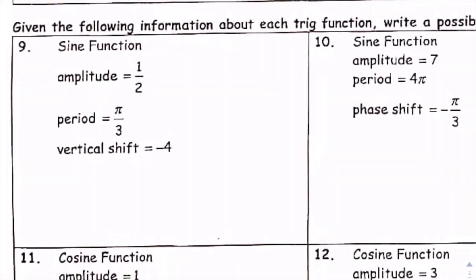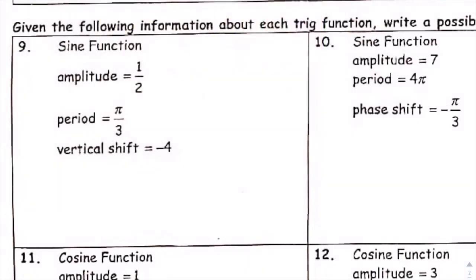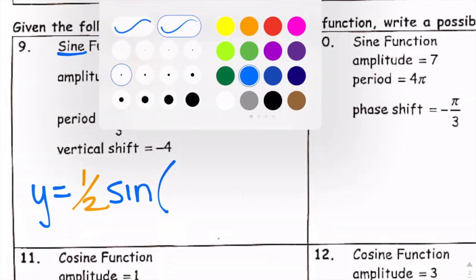So now down here, we have our amplitude. So if we want to write this function, it's going to be y equals, we're using a sine function, so we're going to have our amplitude of 1/2, and then sine of, there's no phase shift, so we can just do our parentheses.